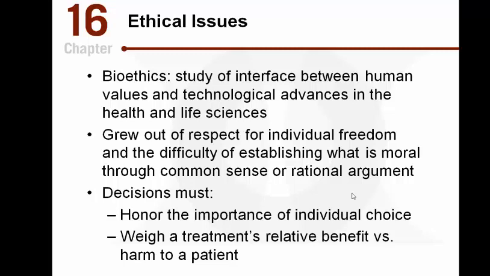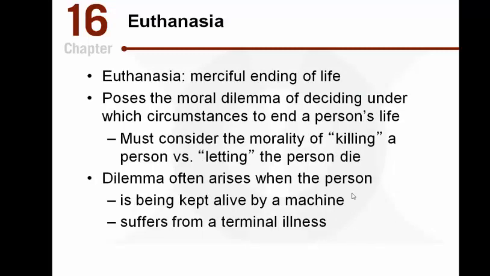And if you want to think about how much goes into these decisions, then you could do some research on cases where there's been kind of a media following. If, for example, a partner is trying to make a decision about whether or not to end the life of their partner, and then family members disagree with the spouse about how that should happen, certainly this can be a very drawn out, very difficult situation.